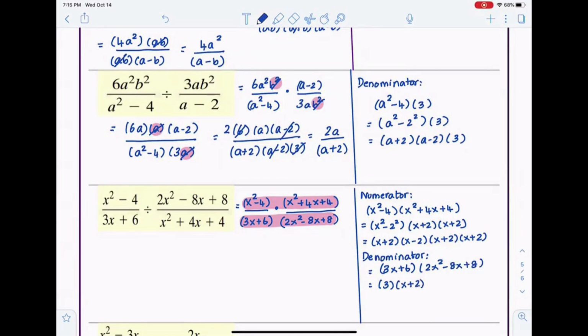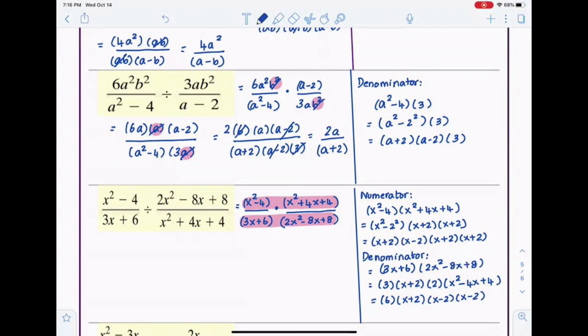And in the second trinomial, I have a 2 in common, so if I pull 2 out, I have x squared minus 4x plus 4. I can multiply the 3 and 2 to get 6. 6 times x plus 2, and x squared minus 4x plus 4 is simply x minus 2 times x minus 2.